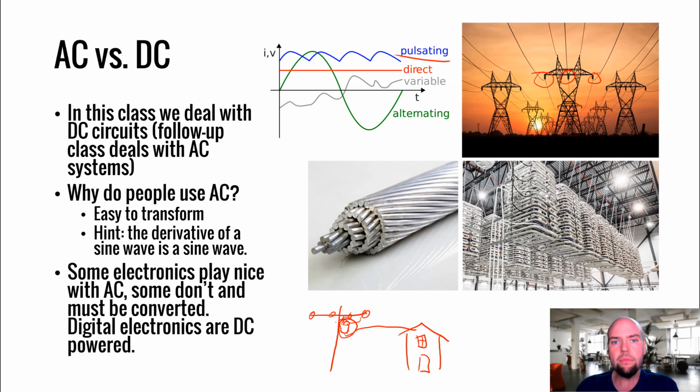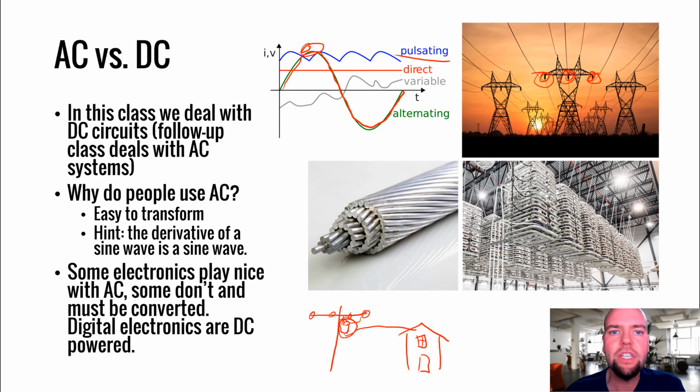However, other than the cost of transforming it, DC is actually a better way to send power a long distance. And the reason for that is, look at this wave. If we have a current and voltage that looks like this, the distance that we have to keep these conductors separated from each other is based on the worst case scenario.